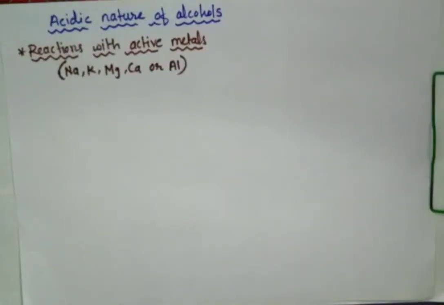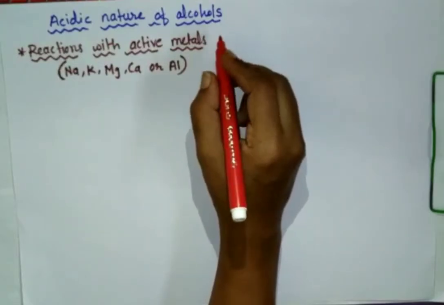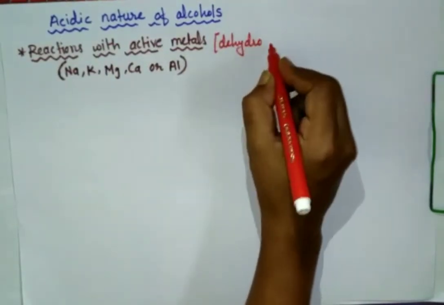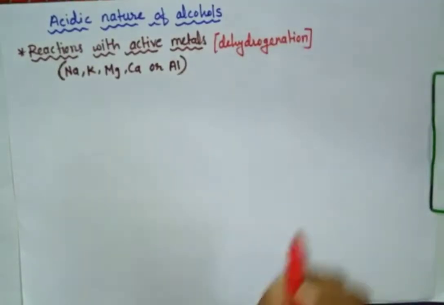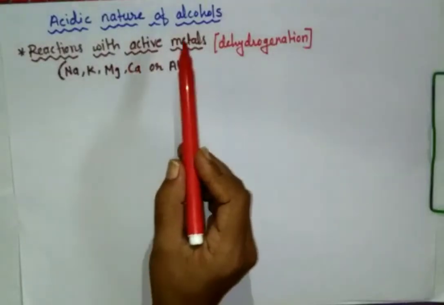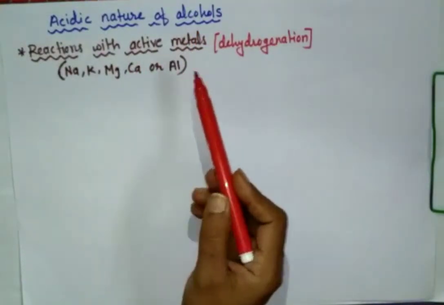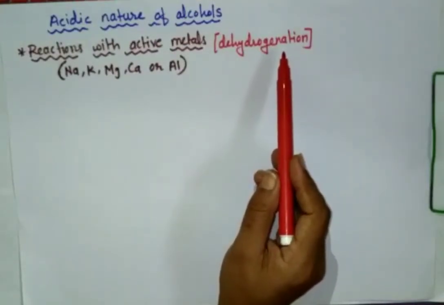When these metals react with alcohol, they remove hydrogen, that is the H2 molecule, and this is called a dehydrogenation reaction.